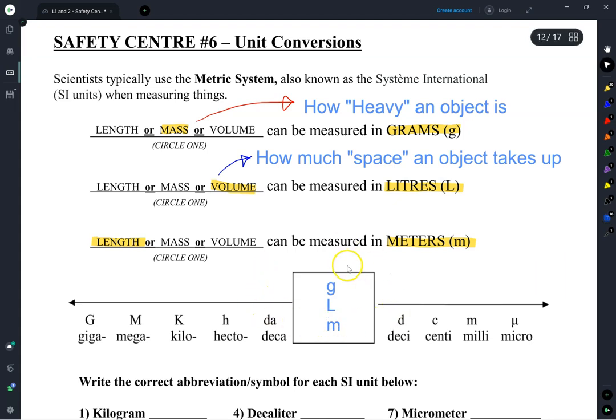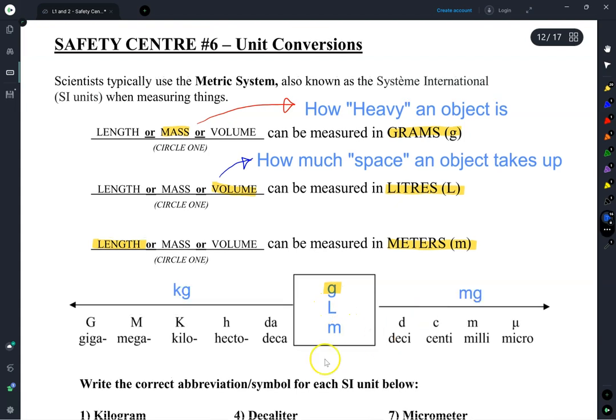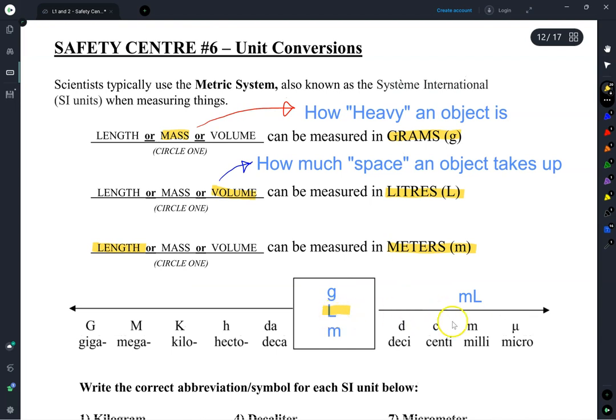And that's the beautiful thing about the metric system. One system is able to measure so many different characteristics or properties of a substance, such as its mass, volume, or length. All you have to do is put a prefix in the front, and suddenly you've got kilograms or milligrams. Change the units, and suddenly you have milliliters.